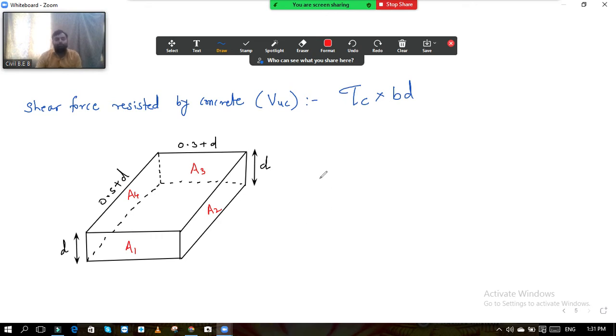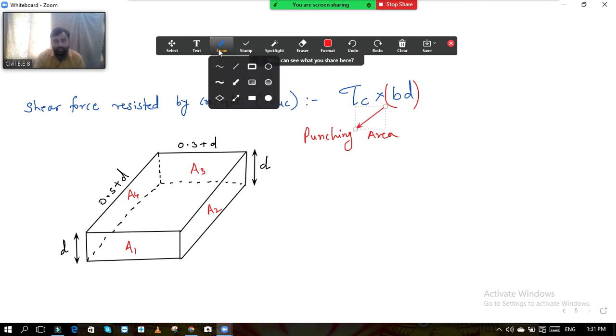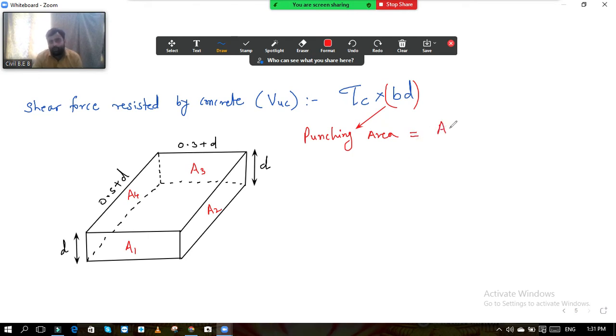So the punching area, bd, I will show you the arrow also, this is the punching area. How much is it? It is A1 plus A2 plus A3 plus A4. In this, A1 and A3 have the same areas, and A2 and A4 have the same areas.